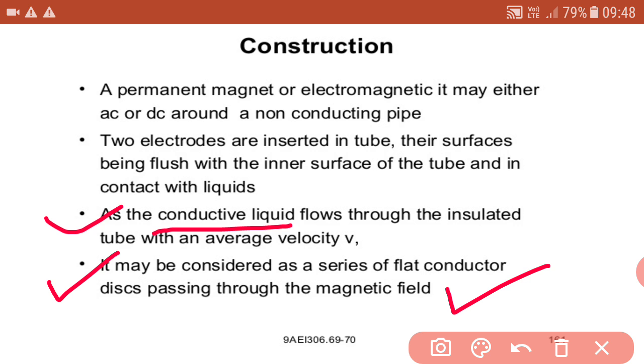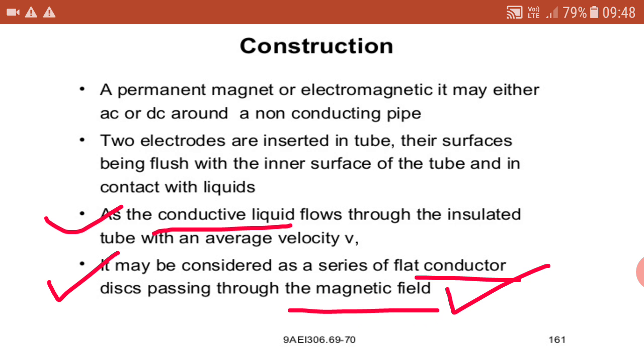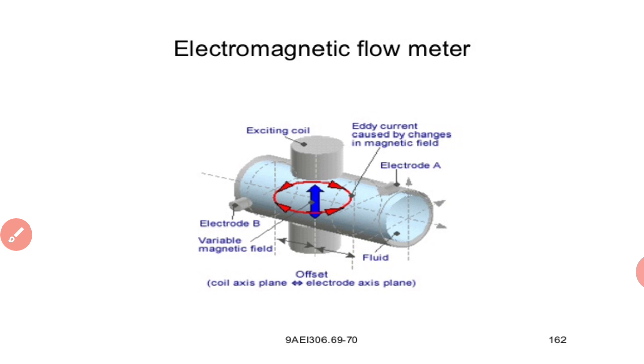Okay, so we can consider this as a series of flat conductor discs passing through the magnetic field.